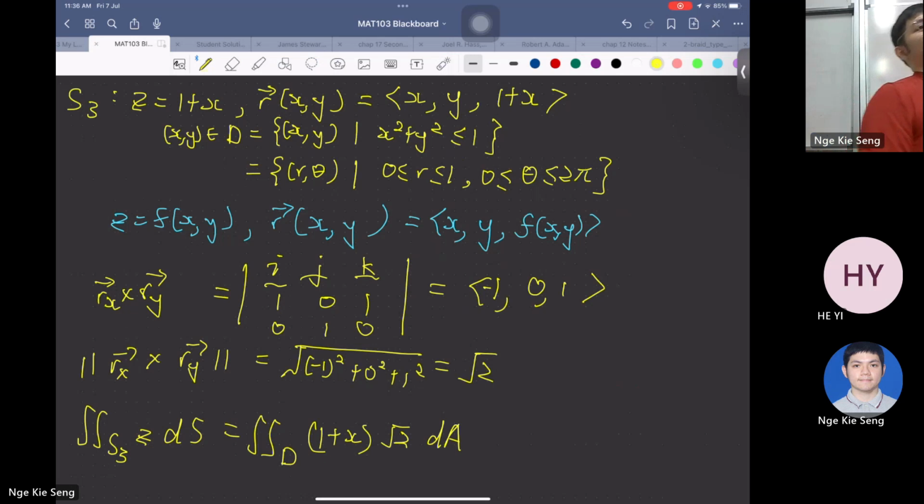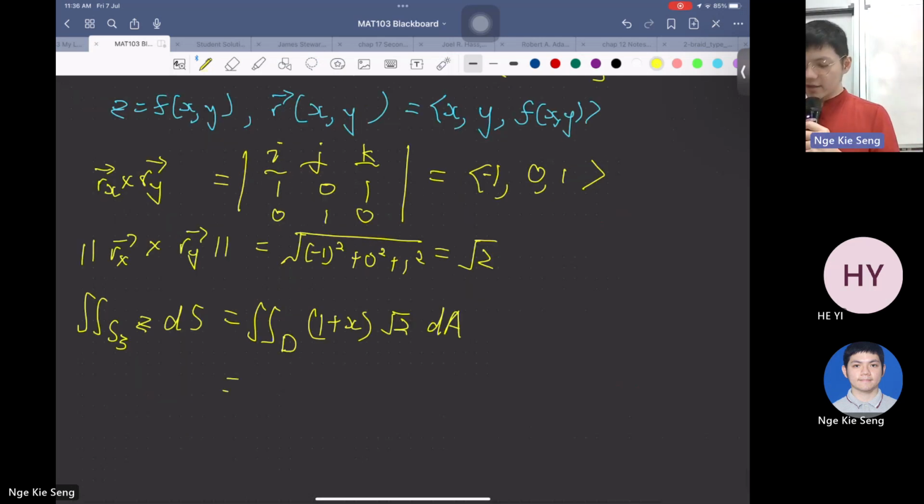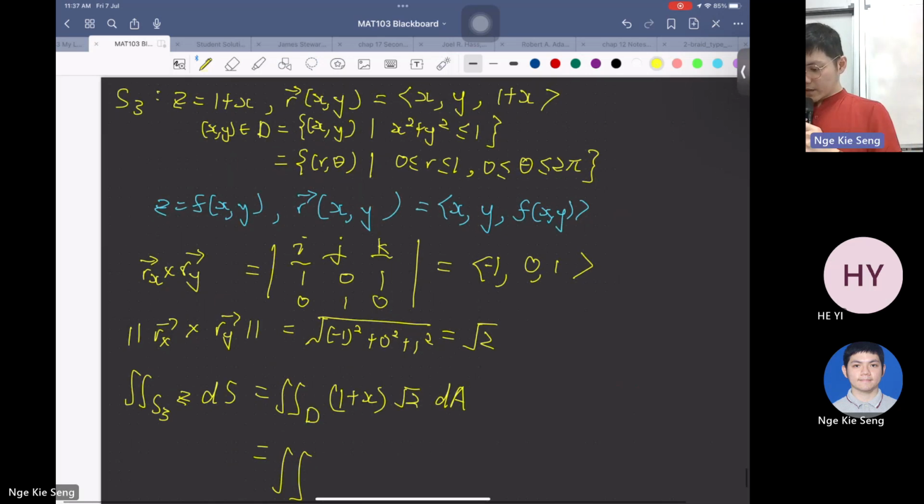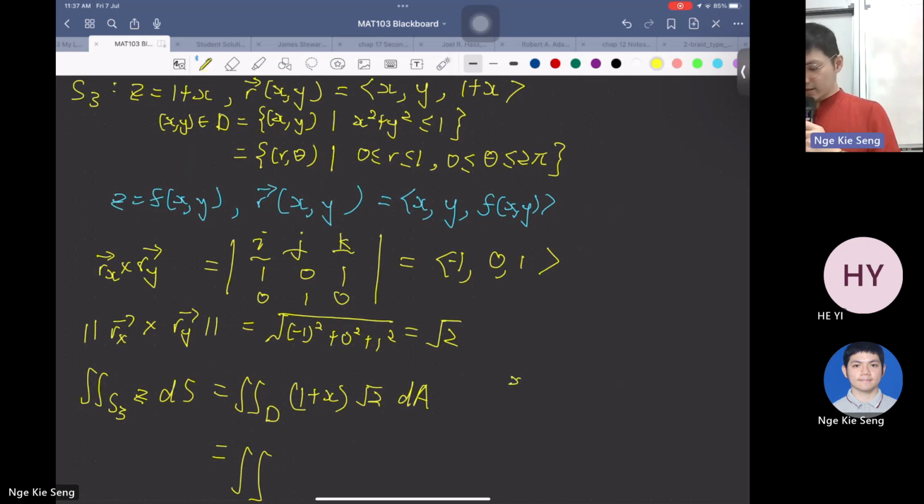Change to polar. We can change to polar. If we change to polar, what do we need to introduce? Another Jacobian. Let us write down first and then I'll tell you more about it. So in polar coordinates, x equals r cos theta, y equals r sin theta.